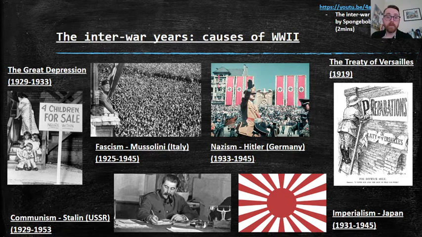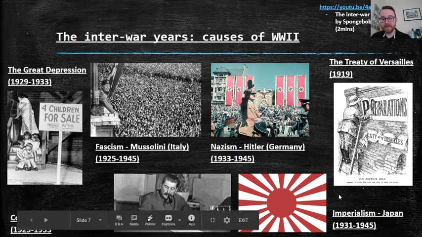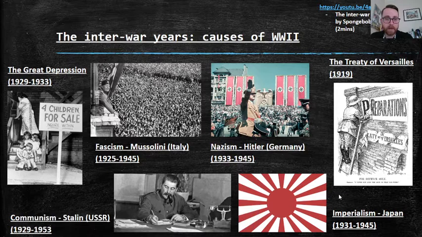The Treaty of Versailles, which actually connects to what we did in Year 9 history. It's where we ended. It was a big document that they signed at the end of the war, and it was so savage, so brutal to Germany that it actually angered a lot of people in Germany into starting another war. Japan. Imperialism in Japan. Some of you recognize that flag, some of you might not.